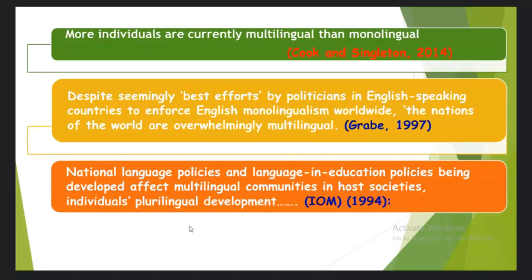That is from some language policies of the nations or of the world, and one of them is maybe the migration of people from one region to another region in a country.